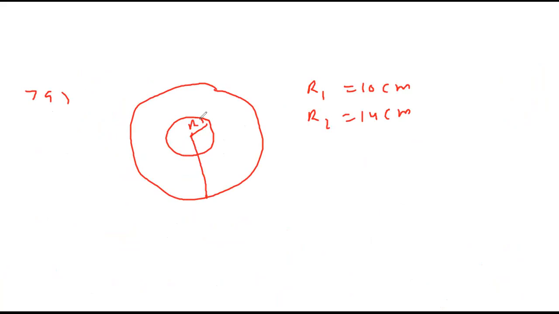So this is R1 and this is R2. And the charge on the inner sphere, see, this is hollow, then only it will go inside, na? The charge on the inner sphere is 4 into 10 raised to minus 8, and that on the outer sphere is 2 into 10 raised to minus 8.